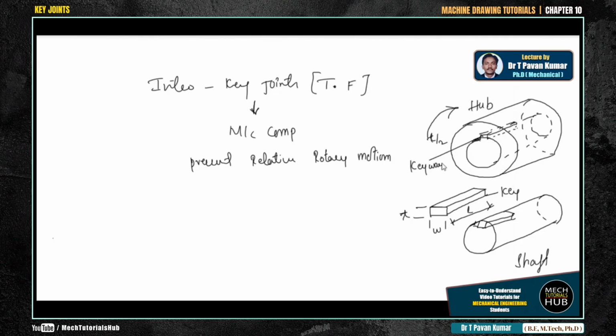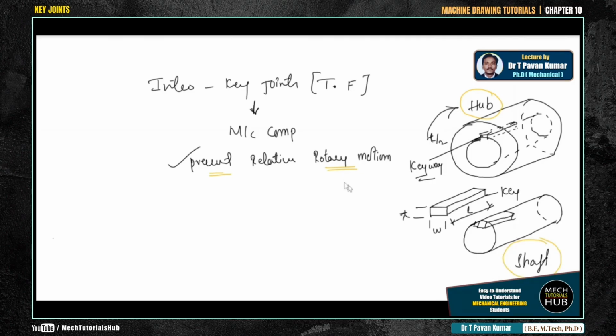This is the terminology one should remember to understand the question properly before presenting it on the sheet conventionally using a drafter. Now, keeping this in mind, let us understand the definition. Key joints are used to prevent relative rotary motion between two elements. What are those two elements? One is the hub and one is the shaft. This is how I have defined it.